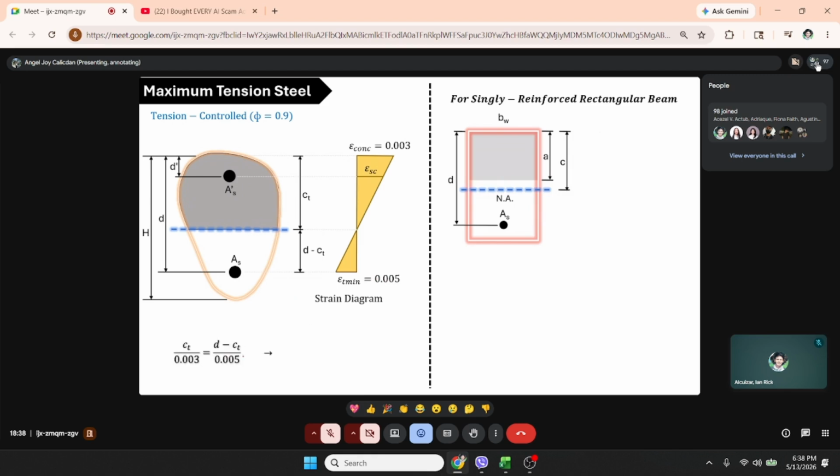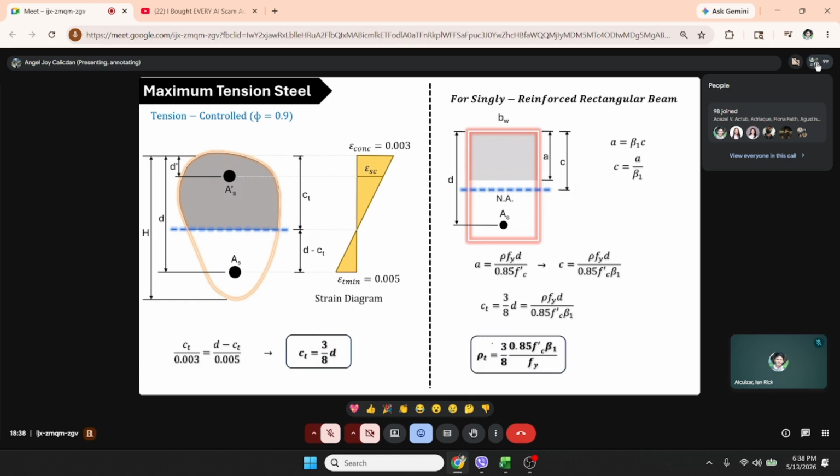So by ratio and proportion, you get CT equals 3/8D. And by equating this C to your CT and isolating rho to get rho T, you have 3/8 0.85 f'c beta 1 over Fy. So this time it is 3/8. No need to repeat the 0.85 f'c beta 1 over Fy.